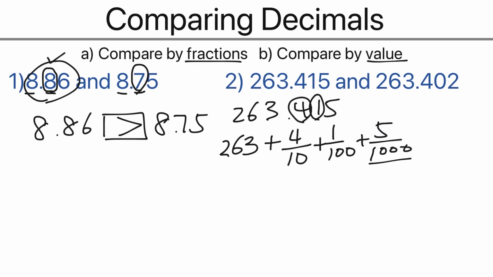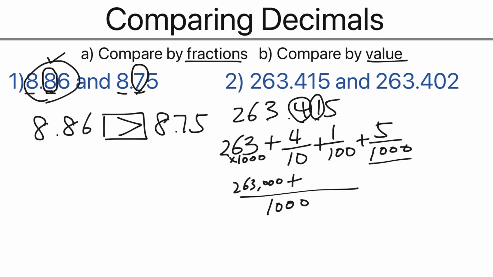Okay, now 1000 being the biggest denominator, we're going to convert all of the fractions and whole numbers to improper fractions with the denominator of 1000. So 263 will need to be multiplied by 1000, so it becomes 263,000.